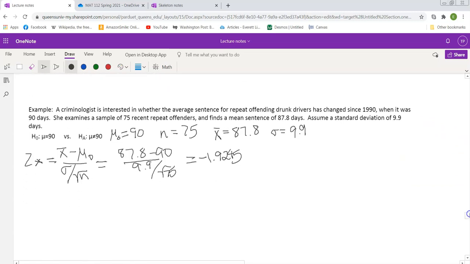So our p-value is going to be 2 times the probability that z is greater than the absolute value of negative 1.9245.